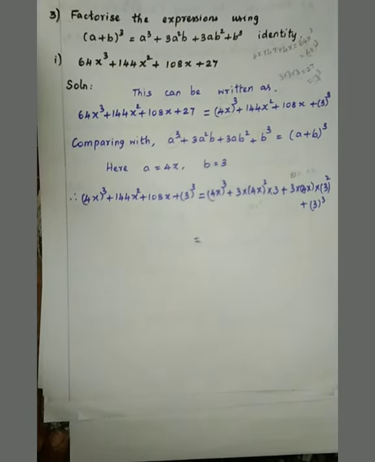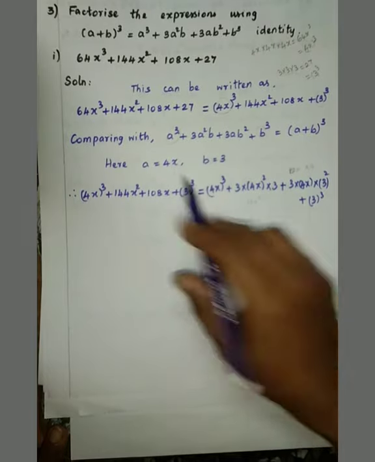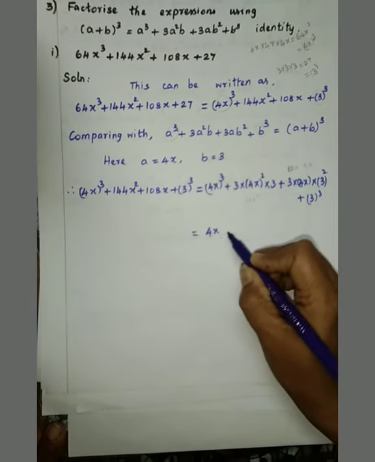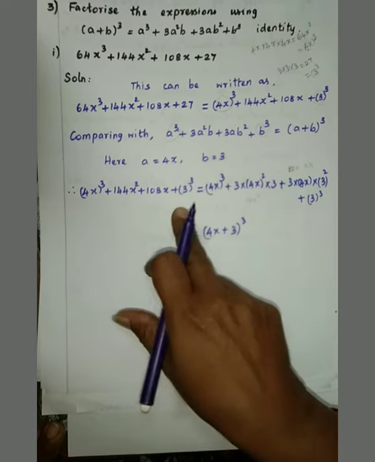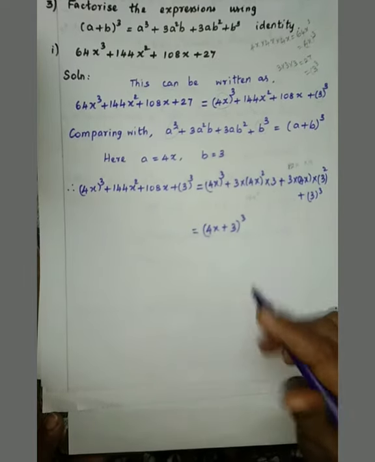So directly we can write (a + b) the whole cube. So a value is 4x and the b value is 3 the whole cube. So this question can be written as (4x + 3) the whole cube.